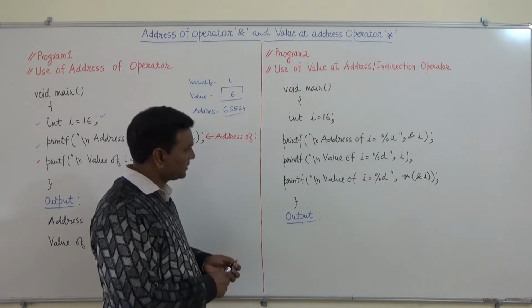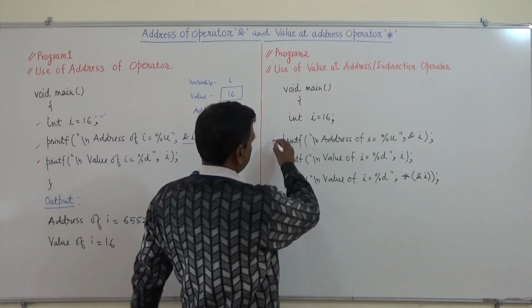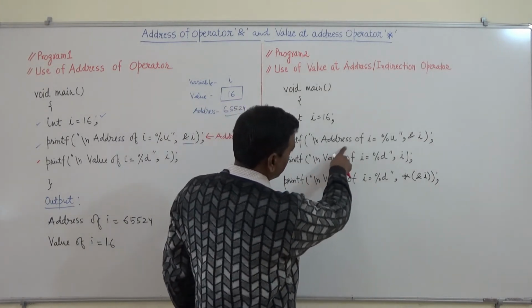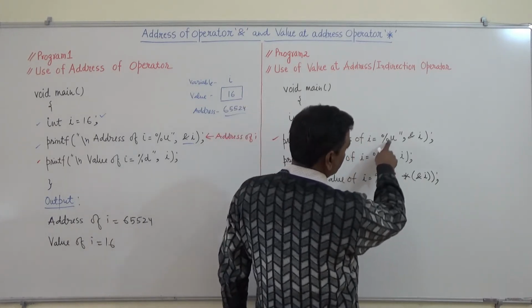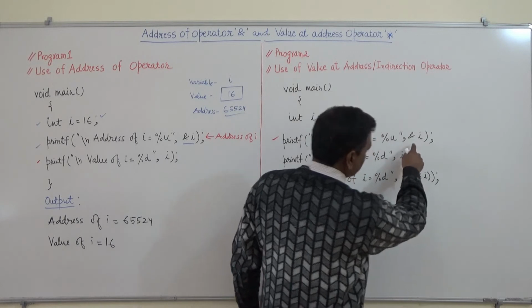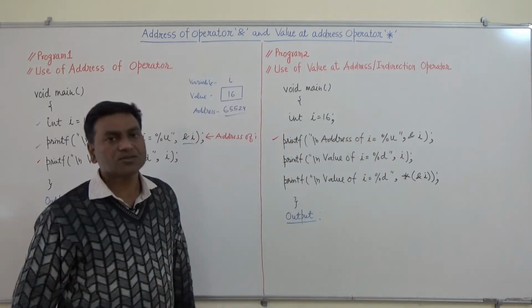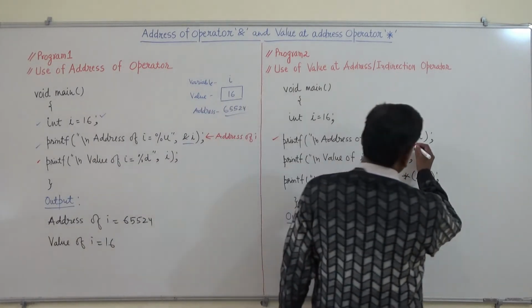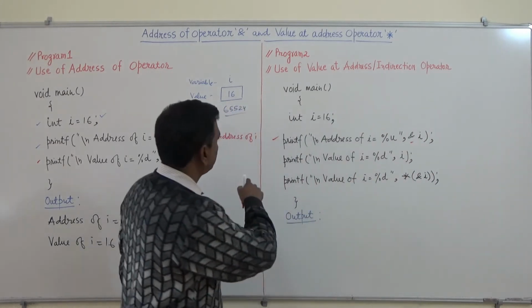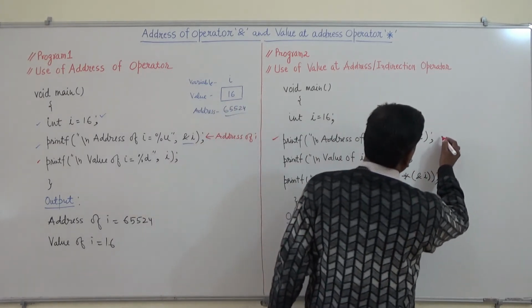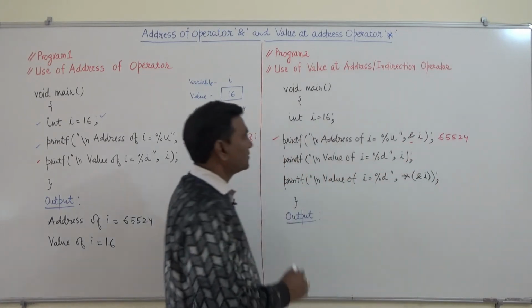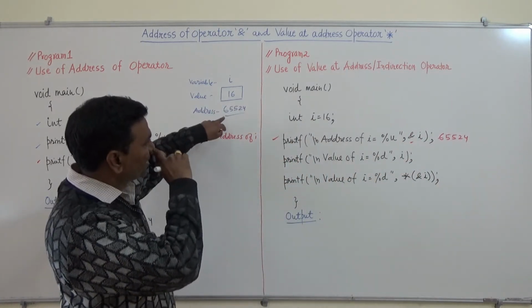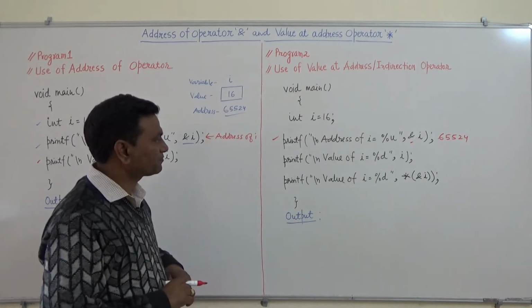Now we come to this statement. Here we are again printing the address of I. So address of I equals %u, using the address of operator. This will print 65524 because the address of I is 65524.